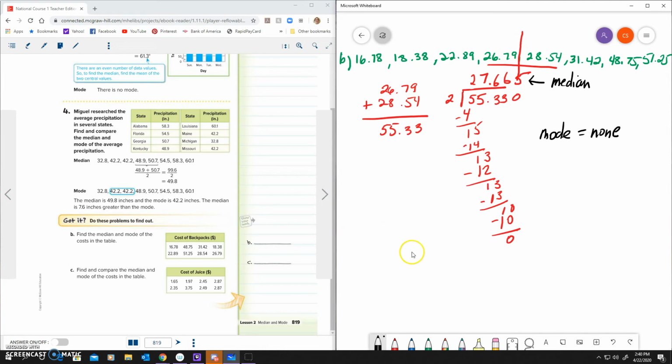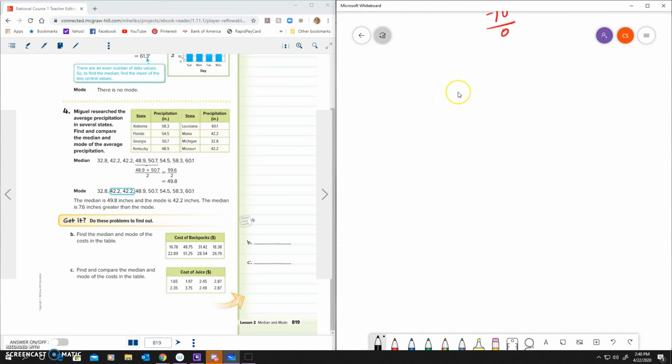Okay, let's look at letter C. Again, we're going to do the same thing.